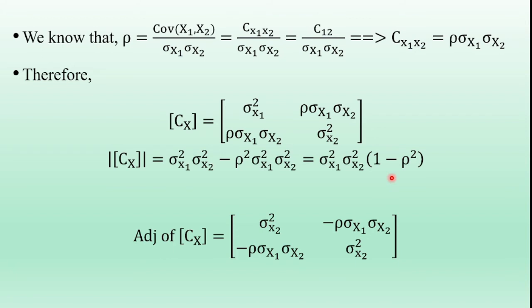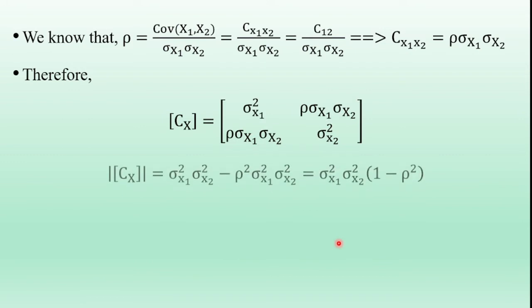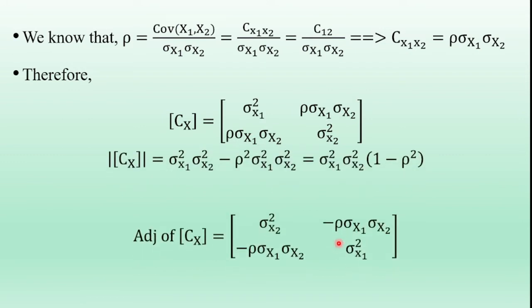Next, find the adjoint matrix of Cx. The adjoint matrix of Cx is obtained by interchanging the diagonal values, sigma x1 square and sigma x2 square, so that it is sigma x2 square and sigma x1 square, and interchanging the c12 and c21 values with the negative sign.